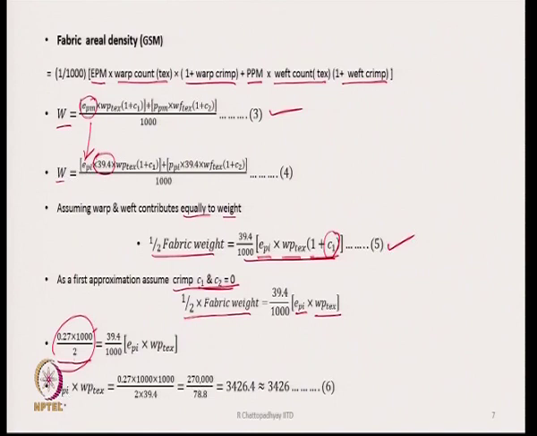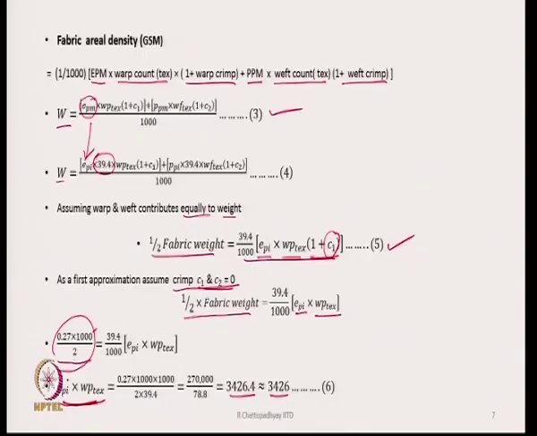From there what we find out is that the multiplication of EPI and warp count is a value 3426.4, that is EPI into count of warp should be 3426. So, here also ultimately we are ending up with an equation where there are two unknowns and one value given.